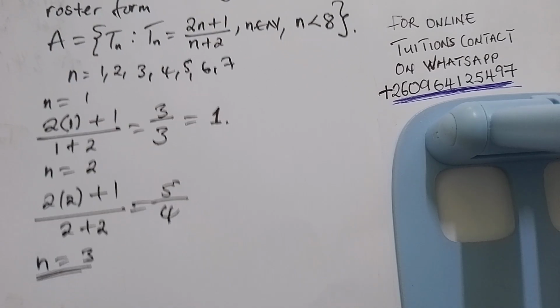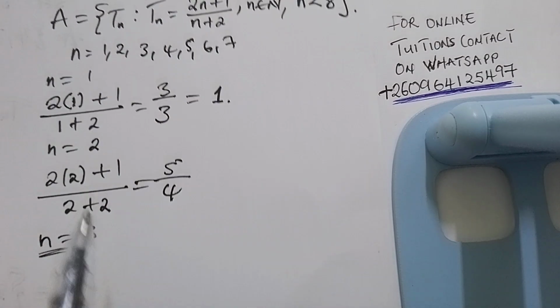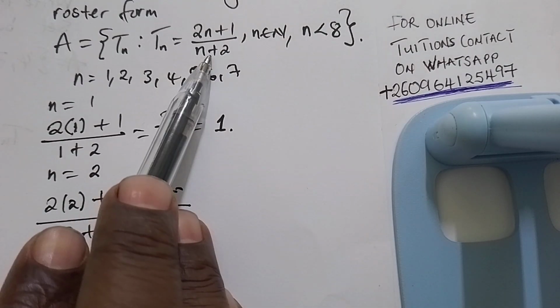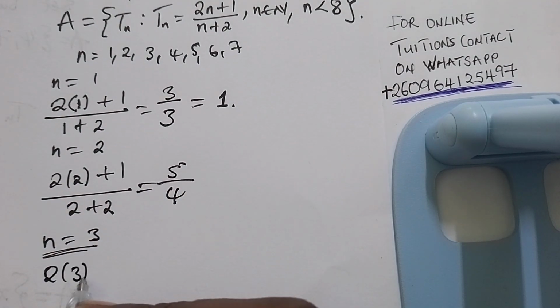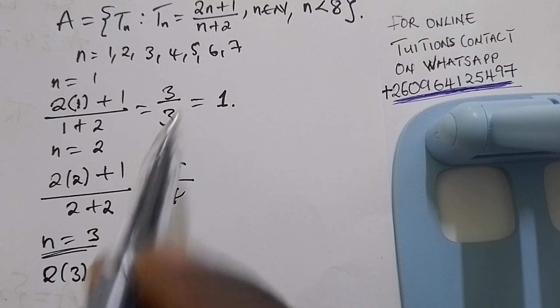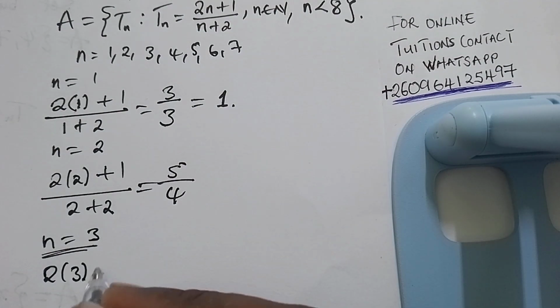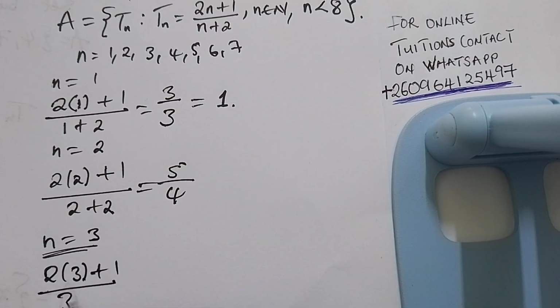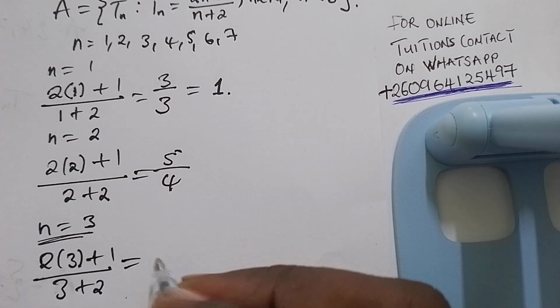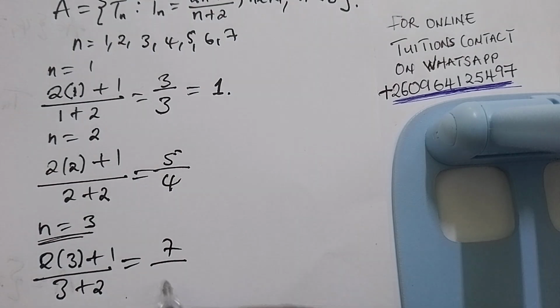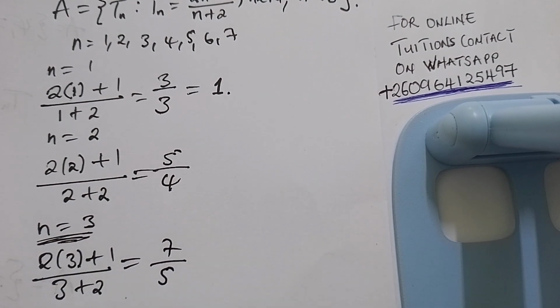If n is equal to 3, substituting in the same equation, this is 2 times 3 plus 1 over 3 plus 2. This is equal to 6 plus 1, that is 7, over 5. That is going to be the third element.